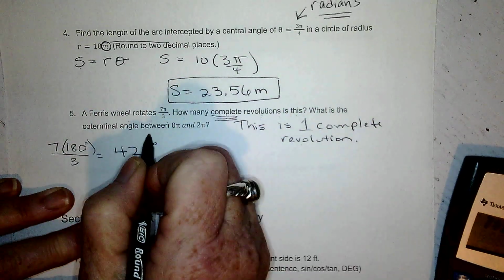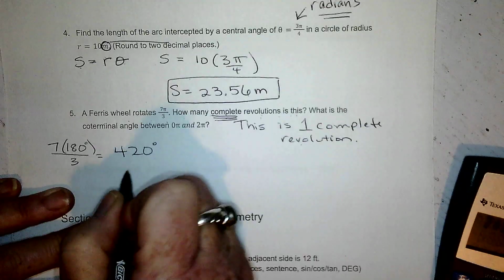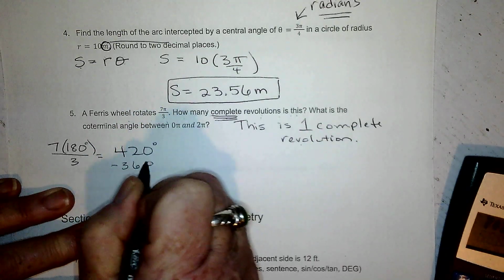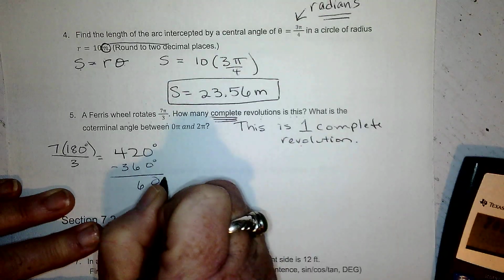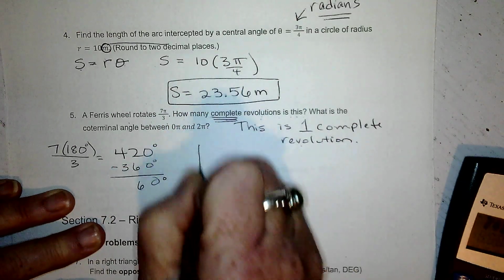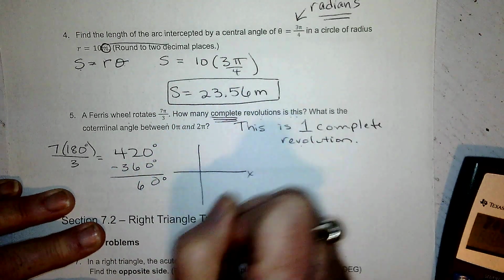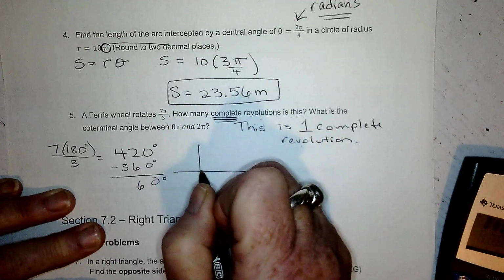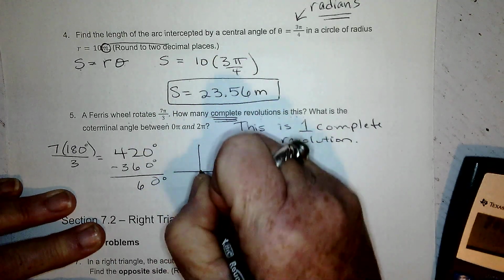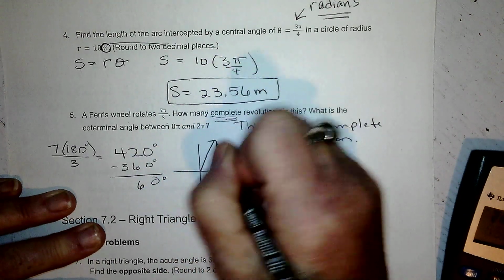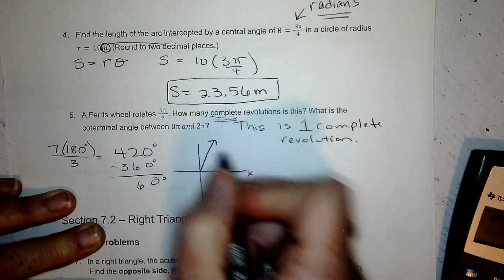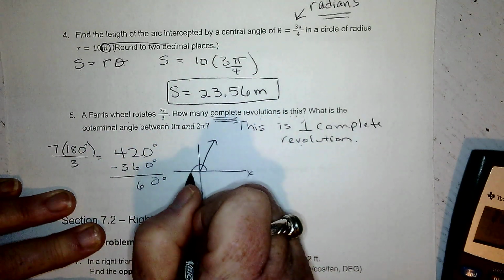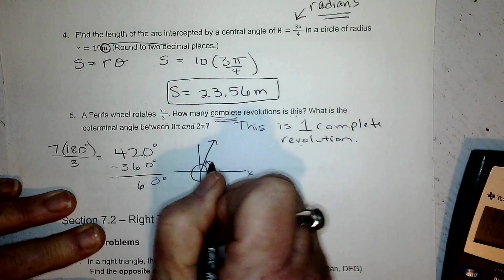What is the coterminal angle? Well, what does this look like? What is this angle? I'm going to subtract 360 from this so that I can find out which angle it is. This is a 60-degree angle. So if you're thinking about what this looked like, the 420 degrees, or the 7 pi over 3, is actually this angle here.